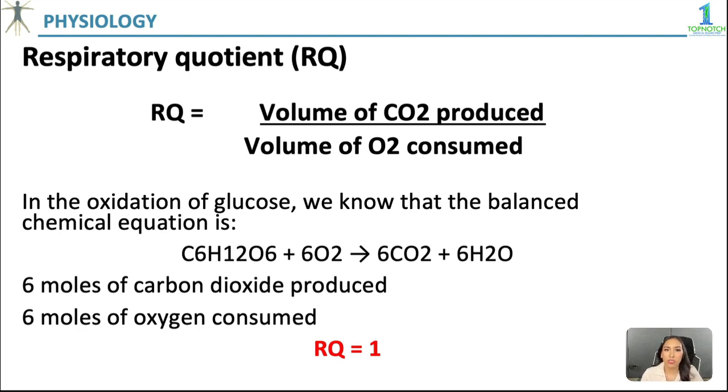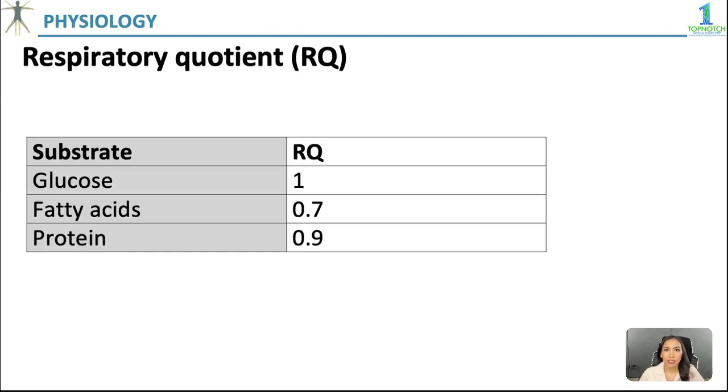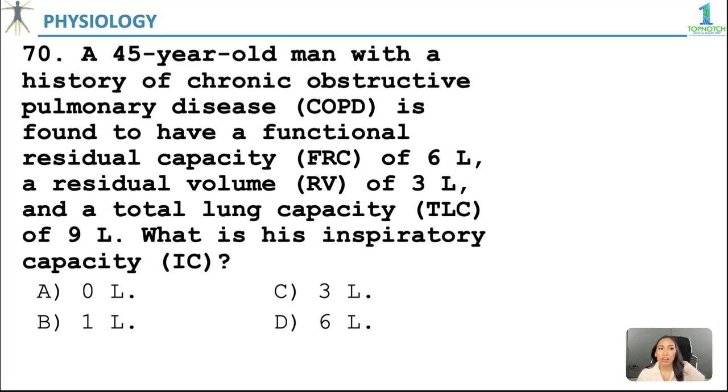So, 6 divided by 6, 1. Let's look at this handy-dandy table. If the substrate is glucose, typically the respiratory quotient is 1. Whereas in fatty acids, it's 0.7 and in protein, it's 0.9. Okay? Let's go to number 70.